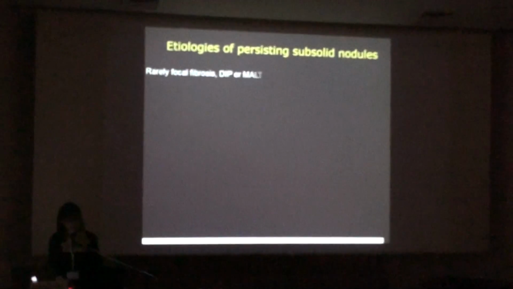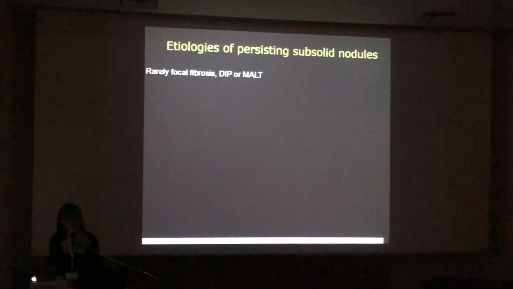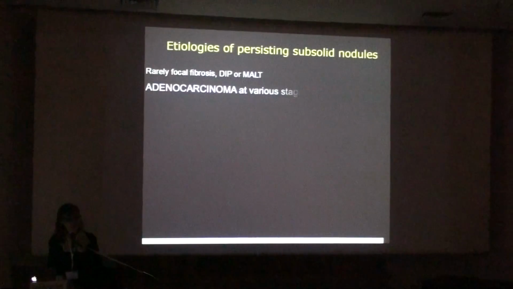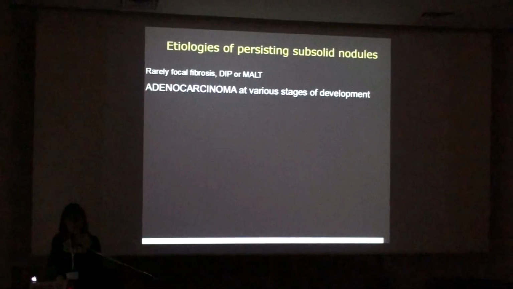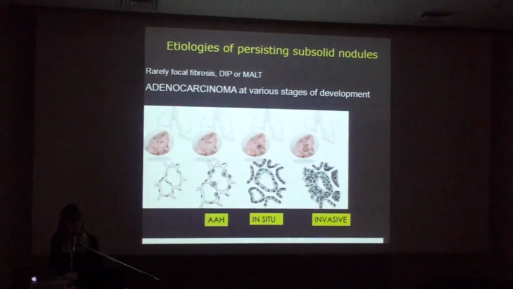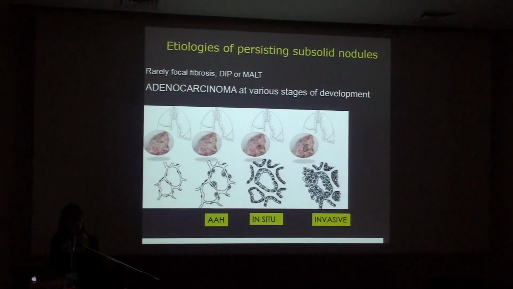Now, what about the etiologies of persisting subsolid nodules? Rarely it's focal fibrosis, or mild lymphoma. Most of the time, these persisting subsolid nodules represent lung adenocarcinoma at various stages of development, from alveolar hyperplasia to in situ lesion, and then invasive adenocarcinoma.